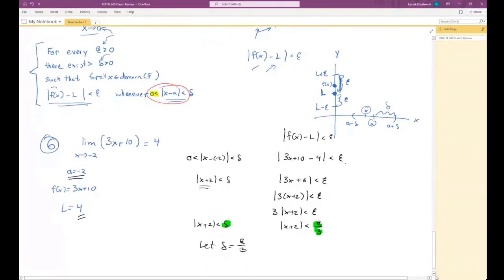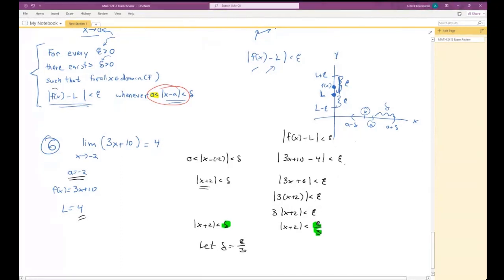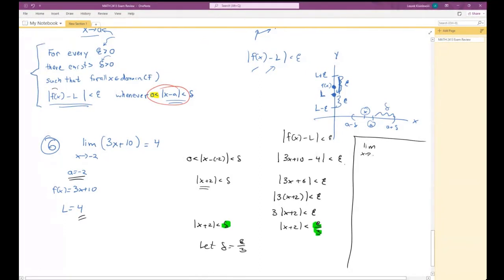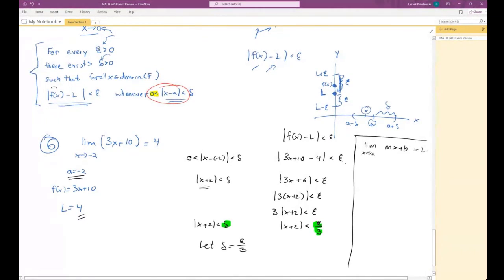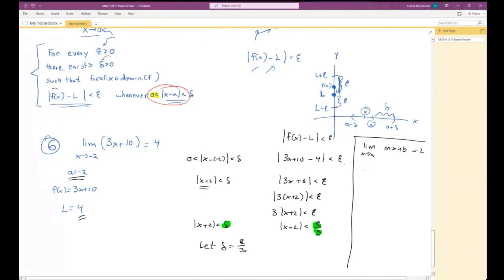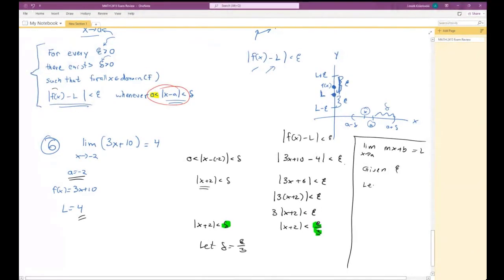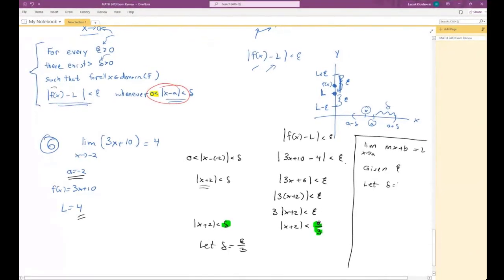By the way, anytime you have a line, does anybody know the shortcut or the hack to defining delta in terms of epsilon? If you have the limit as x approaches A and just some generic line-looking thing, given epsilon, the formula for defining a sufficiently small delta is epsilon over the absolute value of the slope.